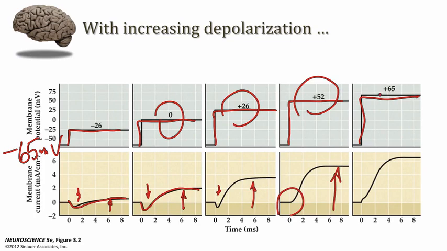But now let's move on. If we depolarize the cell even further, again, we continue to see growth of the delayed outward current in a relatively monotonic fashion as we change membrane potential in the depolarizing direction. But now look at the point in time where we earlier recognized a transient inward current.